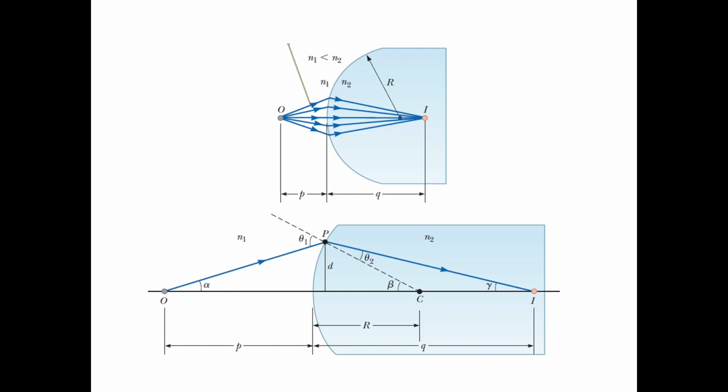This is the perpendicular, the normal to the surface at the given point P where the incident ray hits the interface. Then because of refraction, this angle will change when the ray is refracted and goes inside the second medium. So it will be some θ2. And then it will eventually come to the image point.